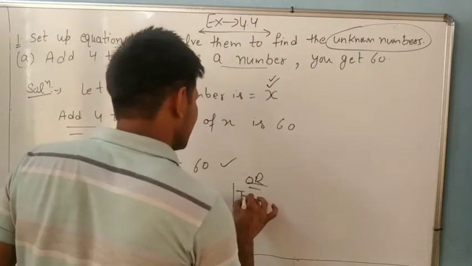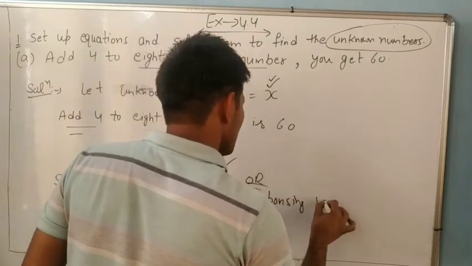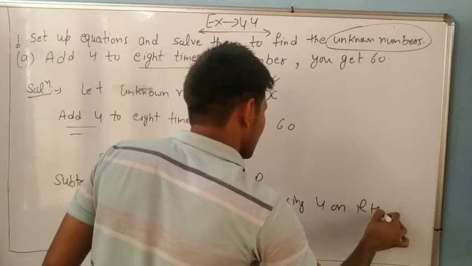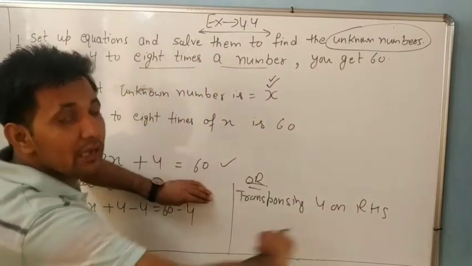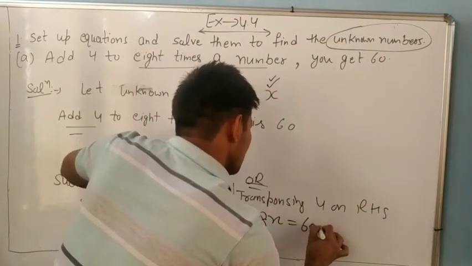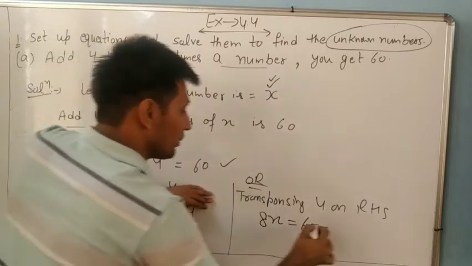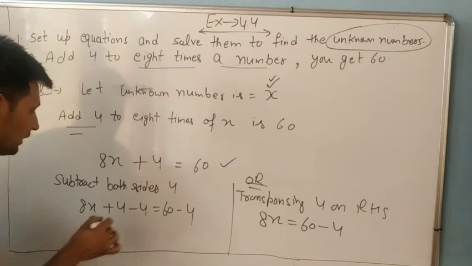Transposing means positive becomes negative and negative becomes positive. So here 4 is positive and on the other side it becomes negative. 4 cancels 4.